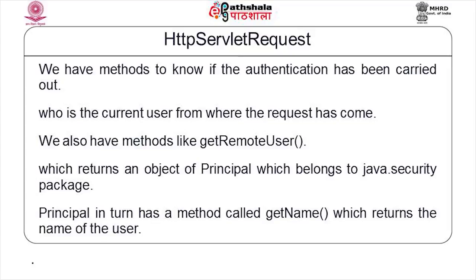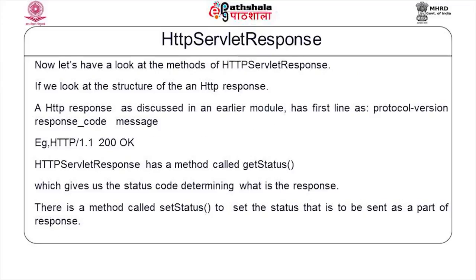So, we even have methods like get remote user, or get user principal to return an object of Principal, which is part of the java.security package. Principal in turn has the method called get name, whereby you can get the name of the user. So, you have these methods which are part of the HTTP servlet request.